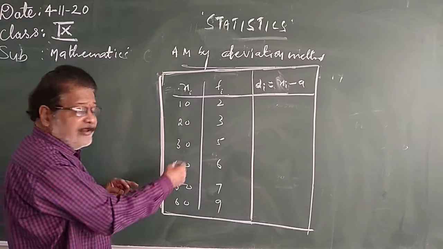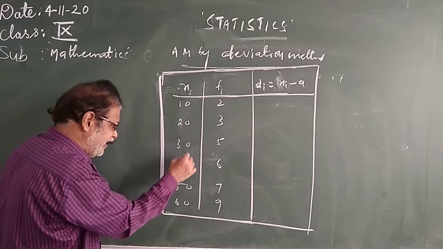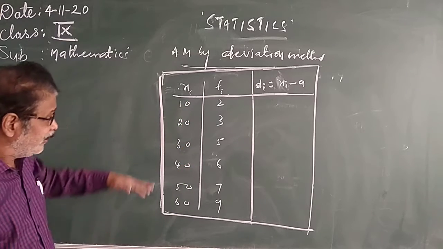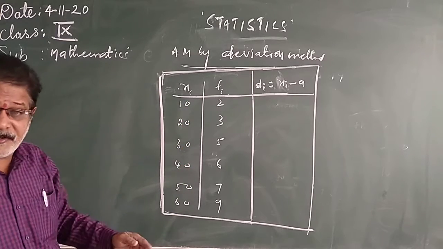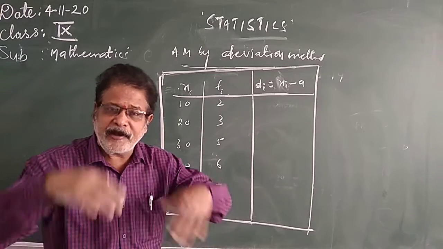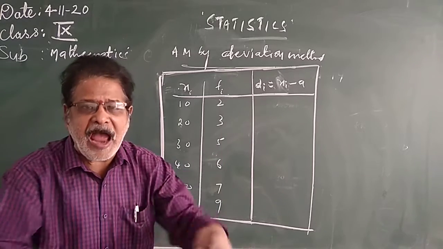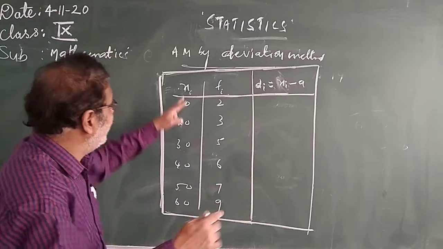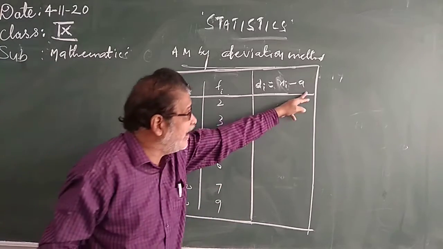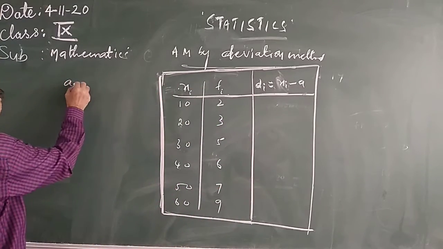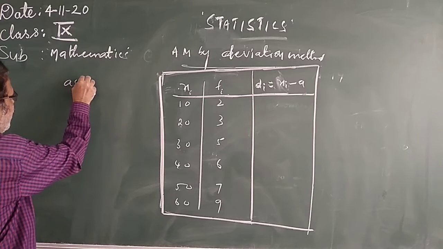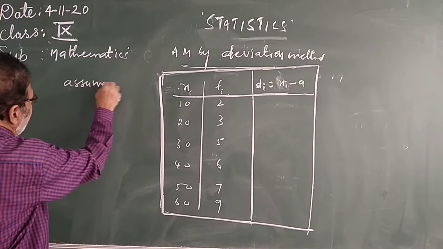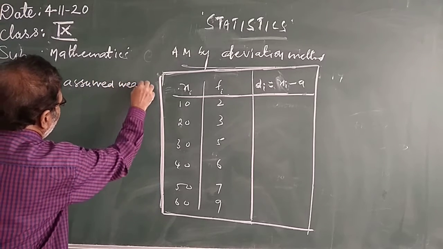What are the observations given here? 10, 20, 30, 40, 50, 60. Among these 6 observations, you can choose any one as the assumed mean. A means assumed mean.